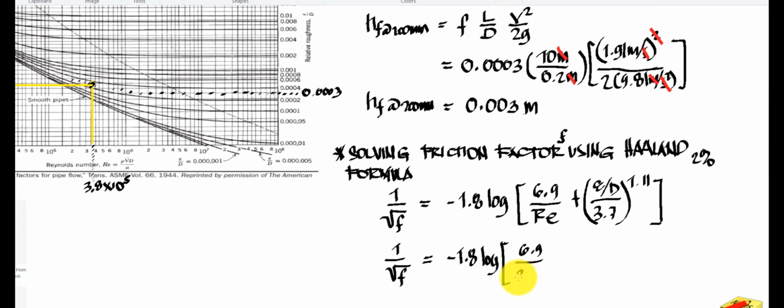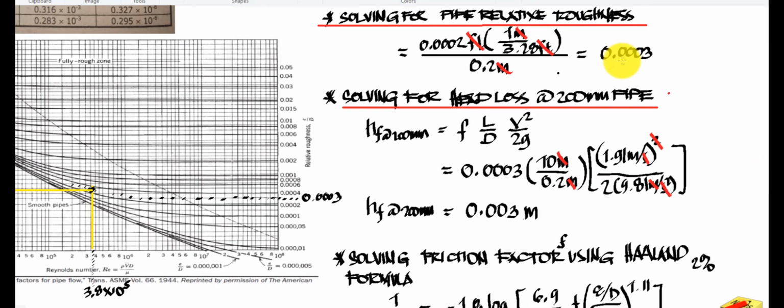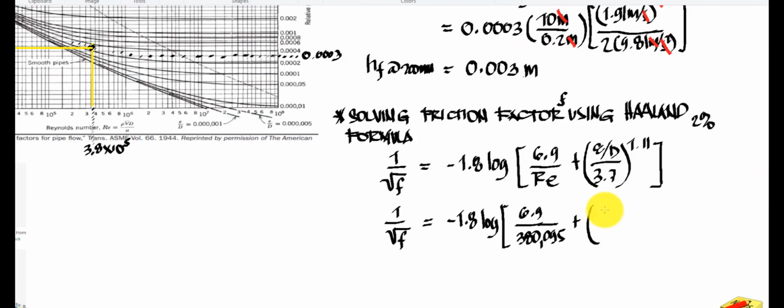So we have here 3.5, then plus the ratio of relative roughness, 0.0003, divided by 3.7, that will be raised to 1.11. Using your calculator, doing the shift solve, we can get the value for this one.